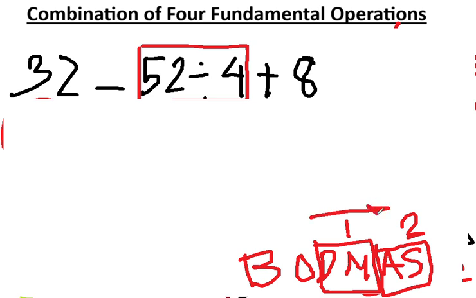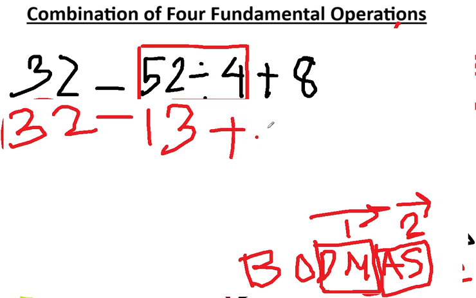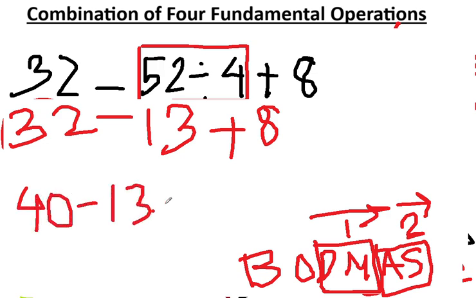We always move from the left to the right side. So division comes first, of course. 32 is written as 32 minus 52 divided by 4 is 13 plus 8. Again, we follow the same thing, addition, doing 40. 40 minus 13 gives us 27.